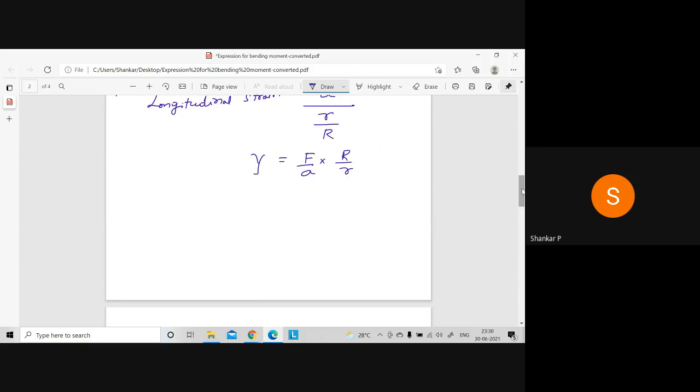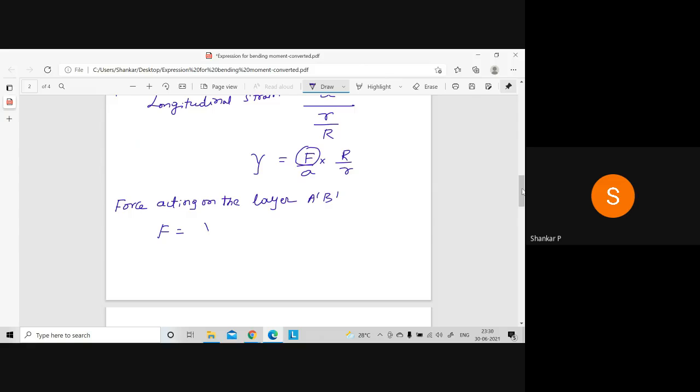So from this we can calculate the force acting on the layer A dash B dash. We can simplify for that.